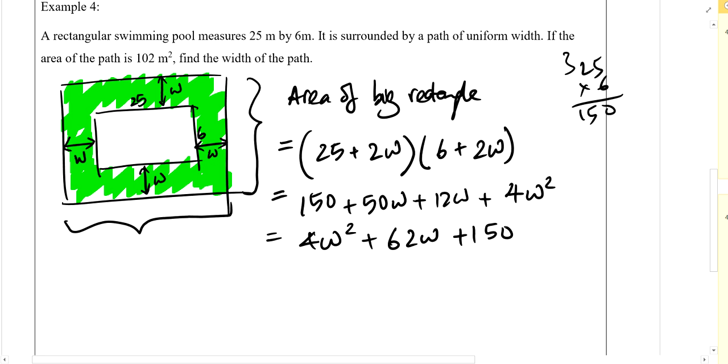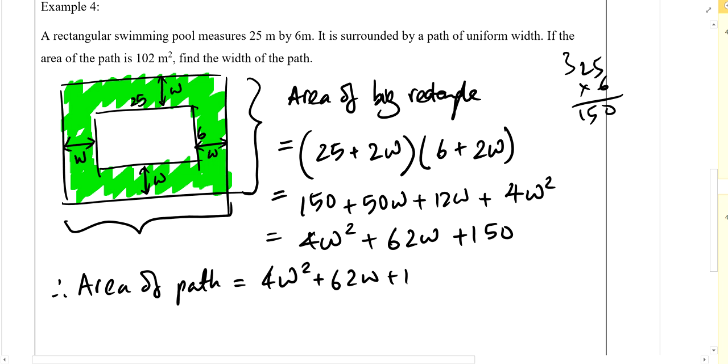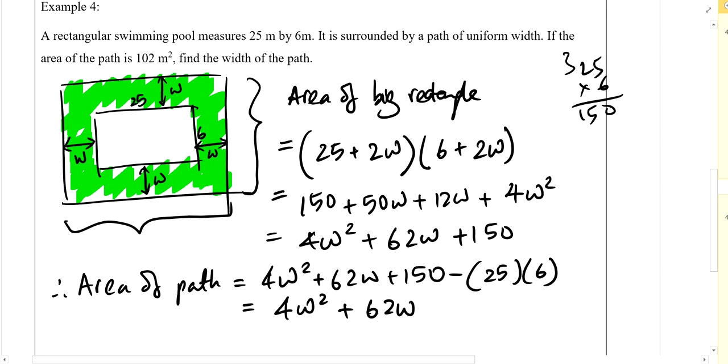Okay, so this is the area of the big rectangle. What do we need to subtract in order to get the shaded area again? Minus the area of the small rectangle. Okay, so the area of the path equals 4W squared plus 62W plus 150 minus 25 times 6. So this will give us 4W squared plus 62W, because 25 times 6 is 150.